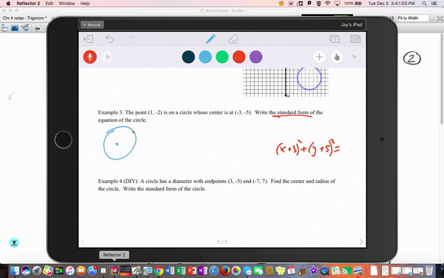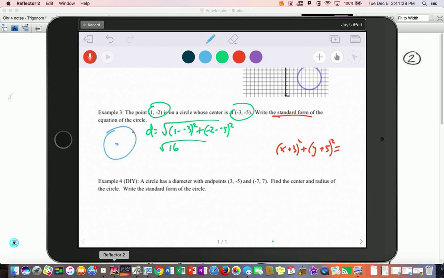Well, that's the distance between these 2 points. So I can do the distance formula. I could do 1 minus -3 quantity squared plus -2 minus -5 quantity squared. And I'm getting 4 squared is 16.